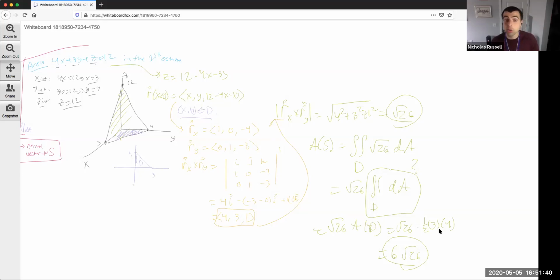My normal vector is Rx cross Ry, or Ru cross Rv, depending on your parametrization. And then we just find the magnitude of it. And remember, it can become really important to remind ourselves that this is just the integral over D. If you didn't realize this, you could come up with the integral by working out the domain, but it's a lot easier to recognize this as the area of your domain.